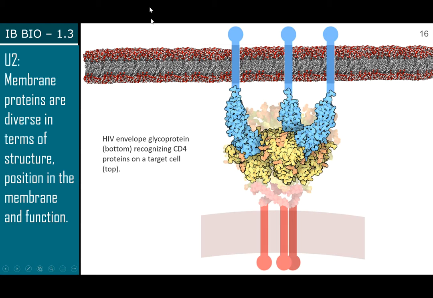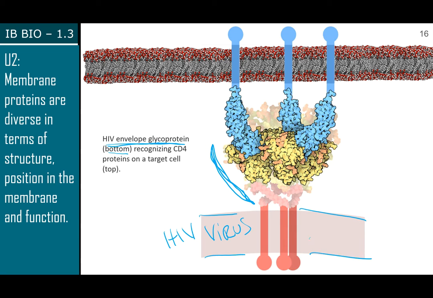Here we have another image, and again we have the cell membrane, right? And we have the HIV envelope glycoprotein, which is the bottom, this thing. The HIV envelope, that's this part. So this is an HIV virus down here, and this is the envelope of the virus.